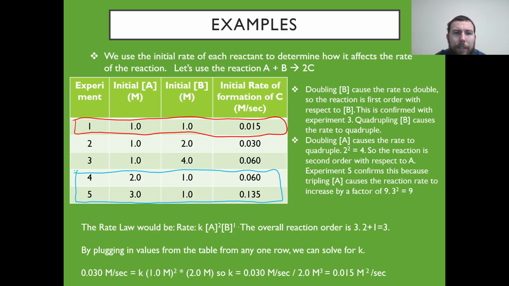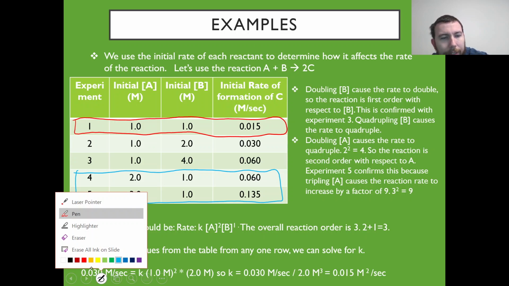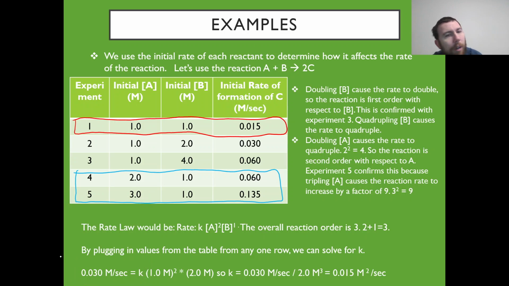Because of that, we can use that experimental data to figure out the order with respect to A. I'm simplifying this a little bit, but the components of B are just going to simply be 1. So that factor can almost be ignored in this case.